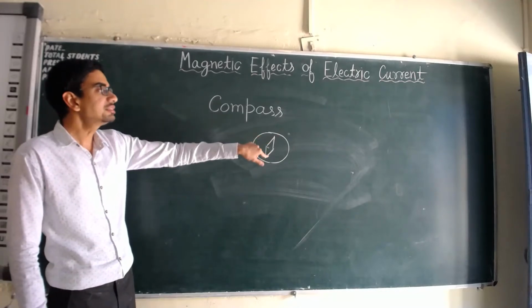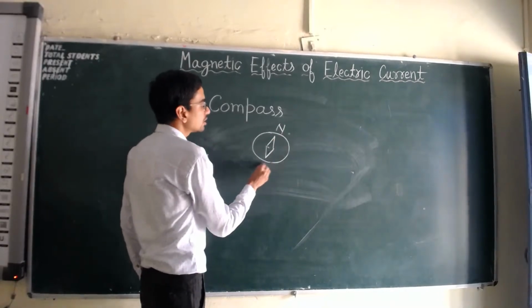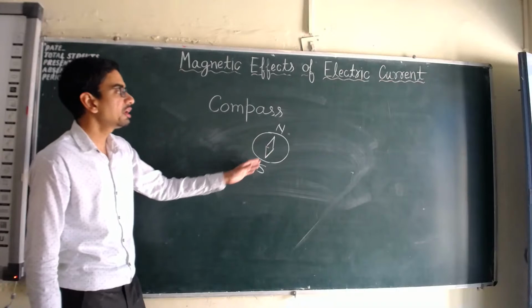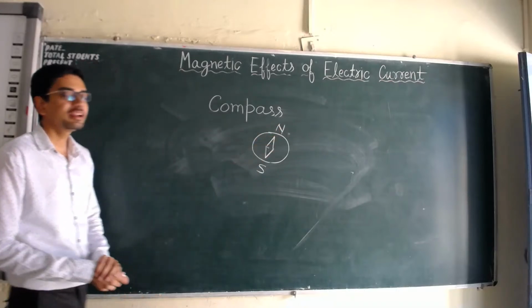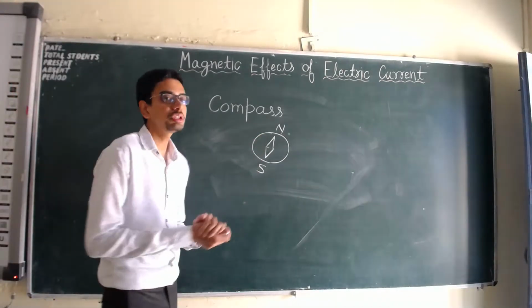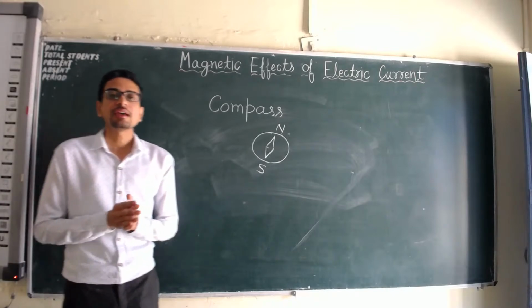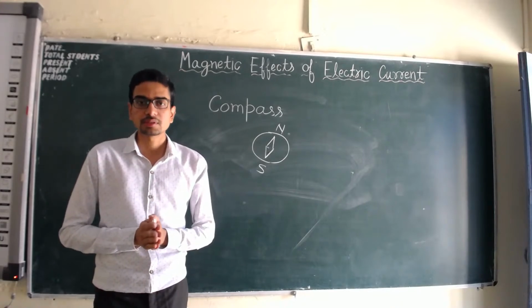This bar magnet always points in the north-south direction. You also know that compass always points towards north and south direction. Why does this happen? As you know, our Earth has two kinds of poles, magnetic poles and geographical poles.